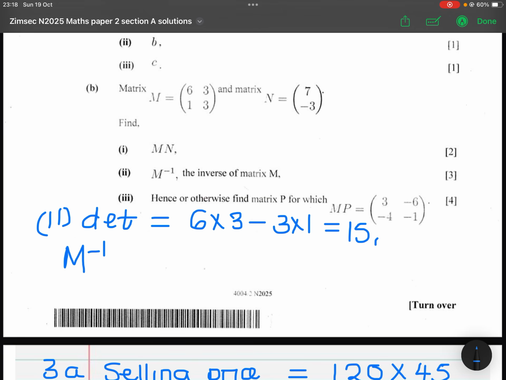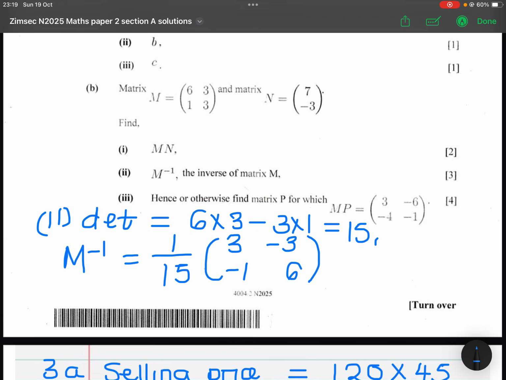So when we are now writing the inverse of M, we are going to say it is 1 over the determinant, which is 15. 6 and 3 interchange their position, so that we write 3 here and we write 6 here. And then 3 and 1 change their signs, so that we are now having -3 and -1. So this is going to be our answer.